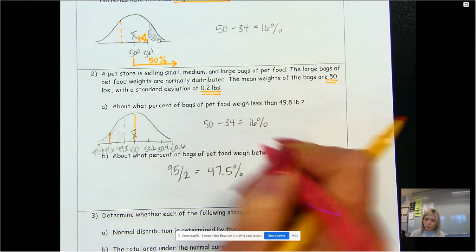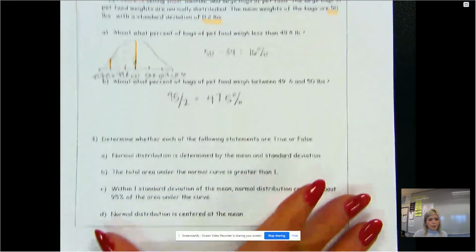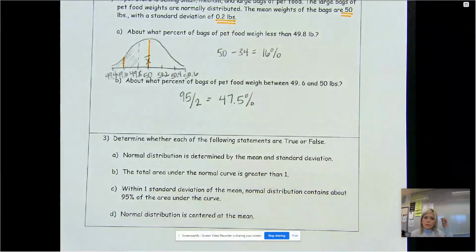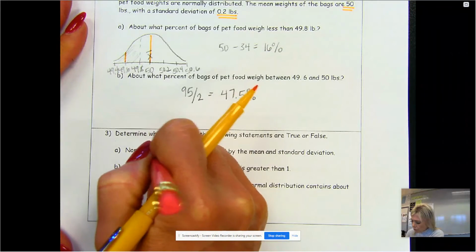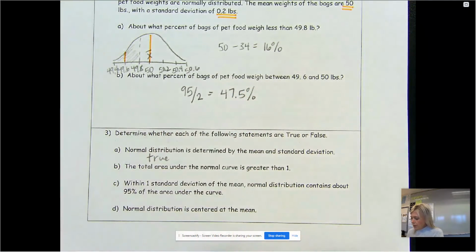Number 3, determine whether each of the following statements is true or false. A, a normal distribution is determined by the mean and standard deviation. That is true. The mean tells us where to center it, and the standard deviation tells us how wide or narrow it is based on the spread. So A is true. B, the total area under the normal curve is greater than 1.